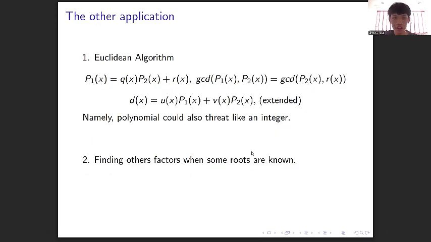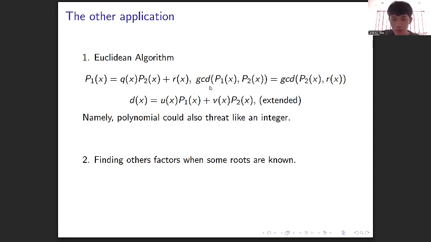Next one. The other application is that we can apply the polynomial division algorithm in the Euclidean algorithm, with which we can find the greatest common divisor of two polynomials. The process is actually the same as how we find it for integers.